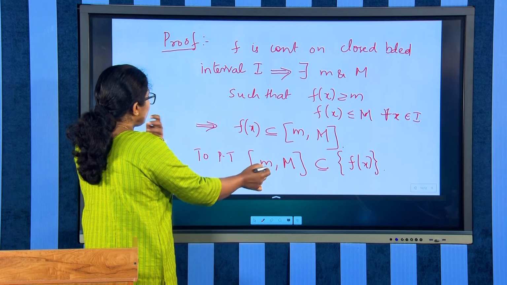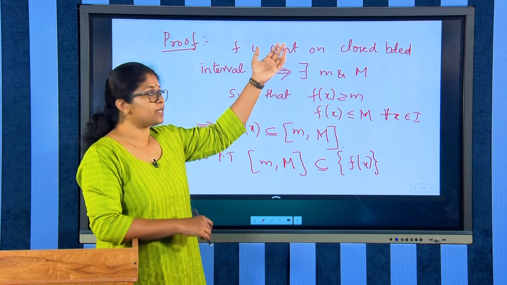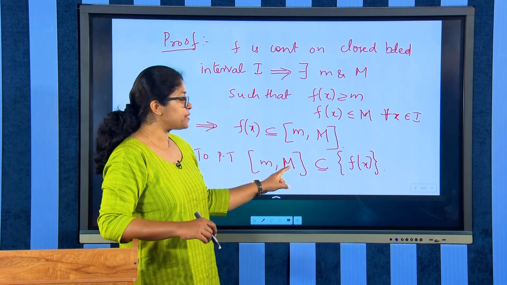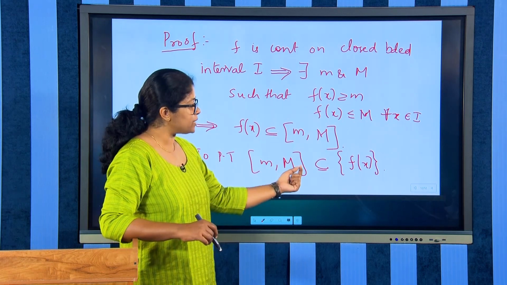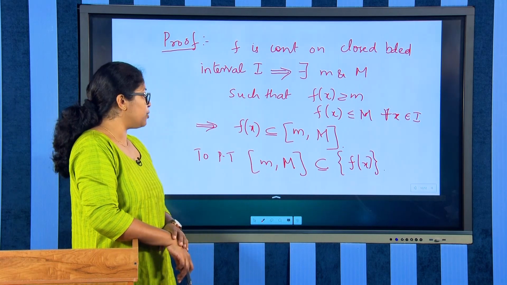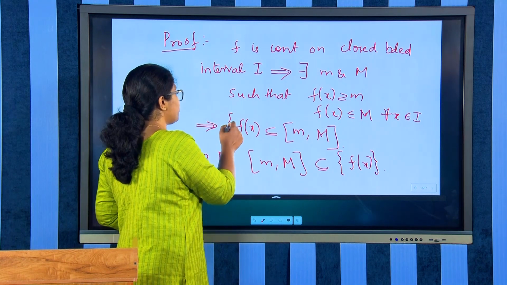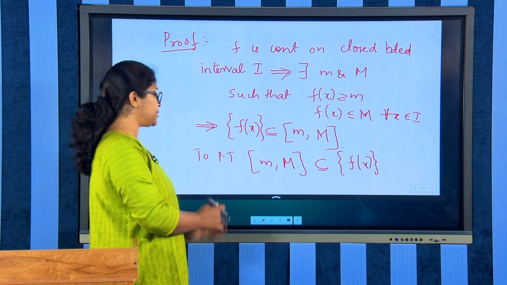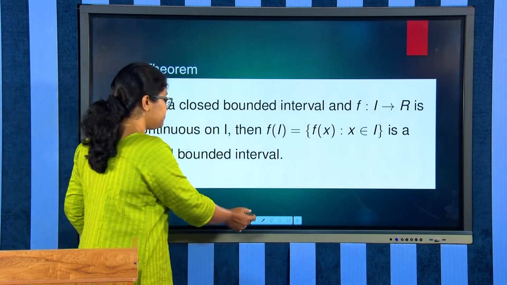So you take any value between small m and capital M. Small m is exactly equal to the infimum that we have discussed in the proof of the maximum minimum theorem, and capital M is exactly equal to the supremum, and so it follows from the corollary that [m, M] is contained in the range by using Bolzano's intermediate value theorem. So these two show that the set f of I is exactly equal to the closed interval [m, M]. So that is the proof of this result.